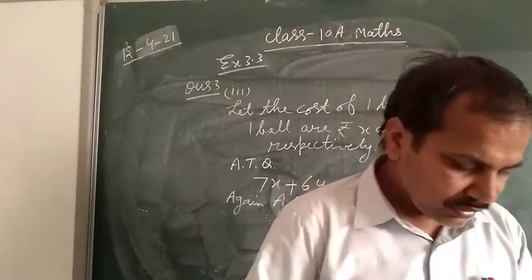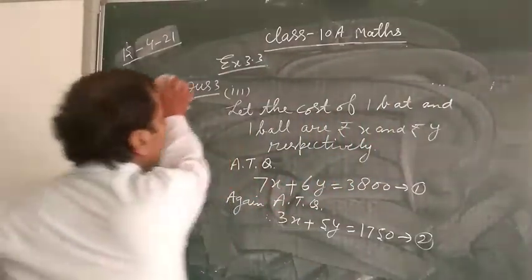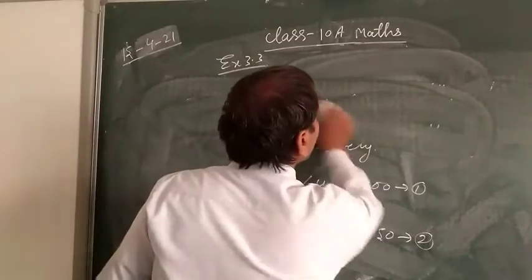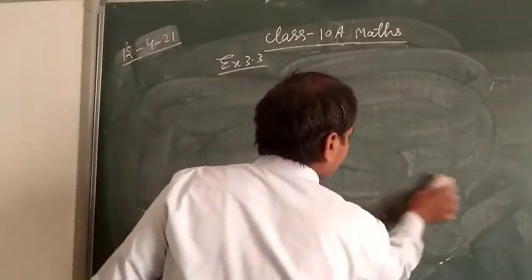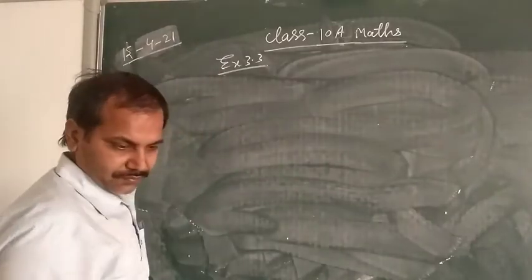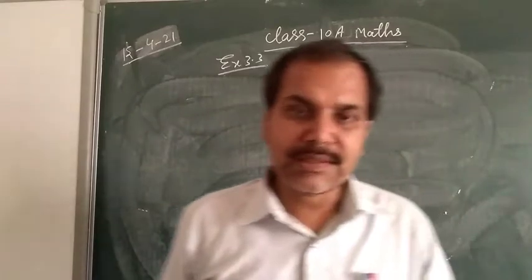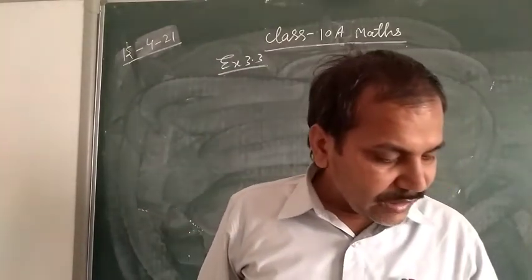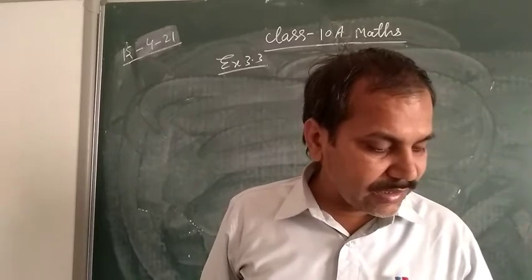Now part 4, I am making the equations, and I have told you the method. The taxi charges in a city consist of a fixed charge together with the charge for the distance covered.